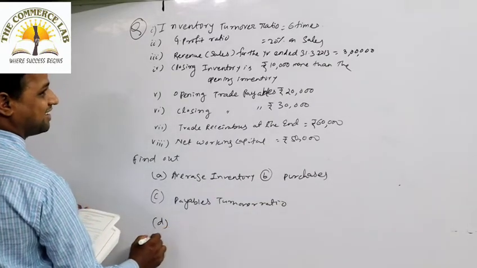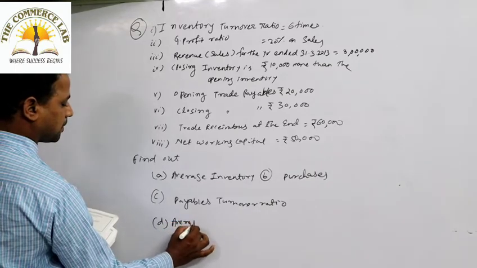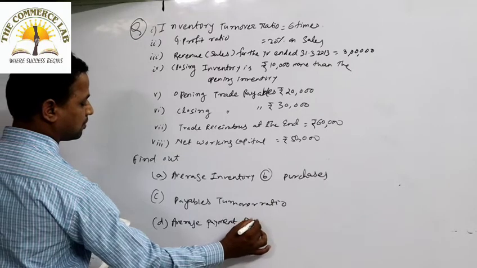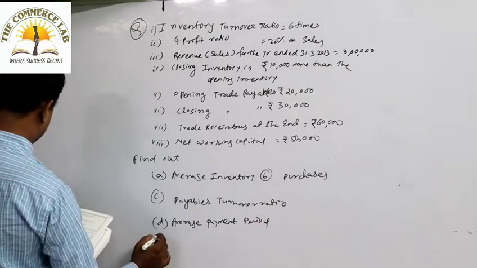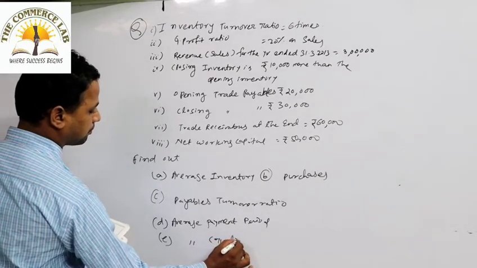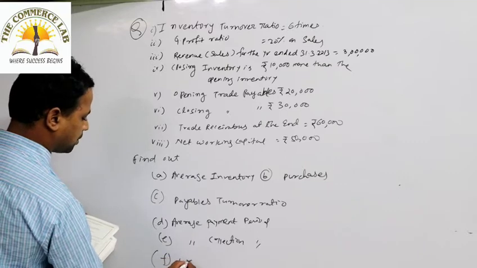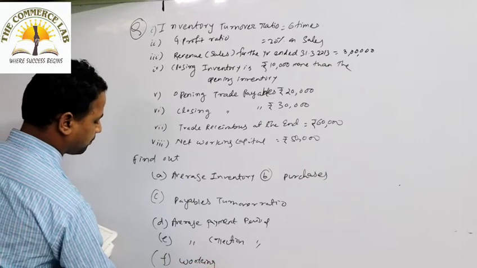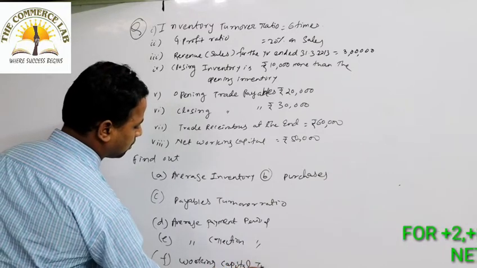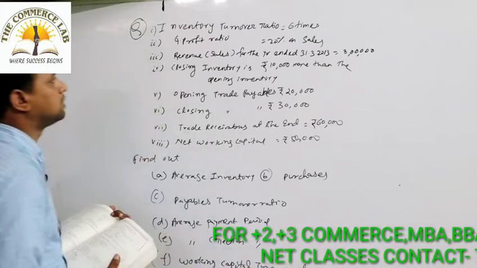Then part D, average payment period, then average collection period, and the last one is working capital turnover ratio. Okay, this is the question.